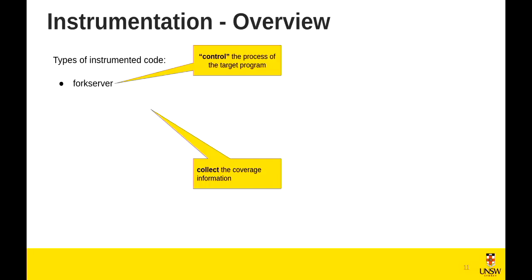So the first feature is related to the type of instrumented code called fork server. And the second one is related to some coverage collection instrumentation.